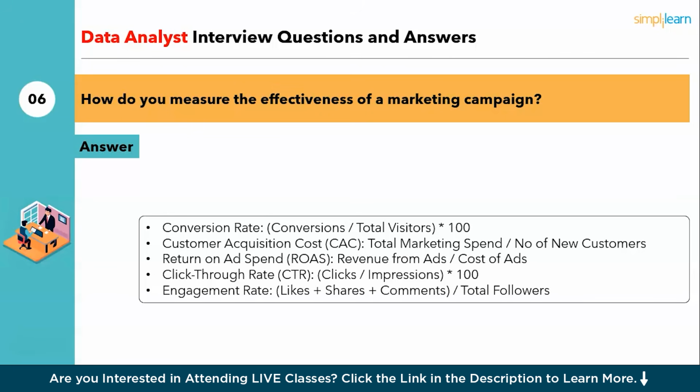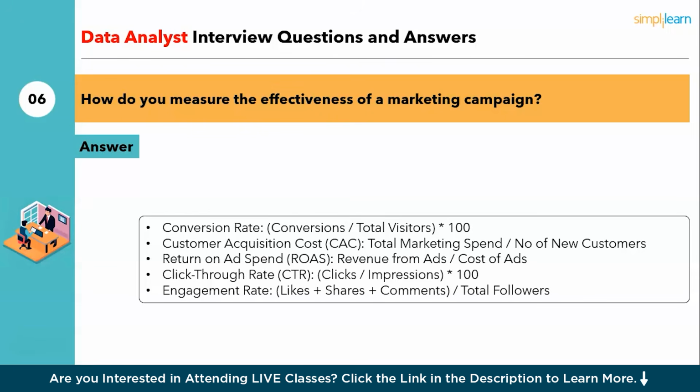The total marketing budget you spent, divided by the total number of customers you acquired. That will give you the CAC. Next, return on ad spend. The total revenue that you earned from ads divided by the total cost of the budget you invested to run those ads. Next one is the CTR: the number of clicks divided by the impressions, times 100, will give you the CTR percentage.